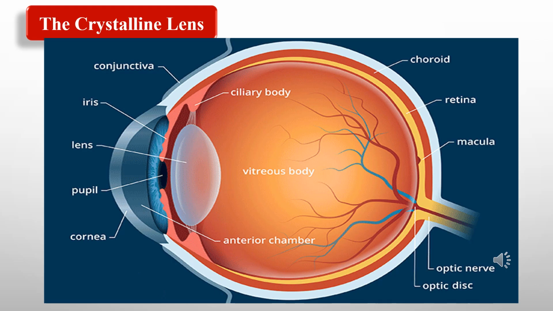Okay, let's now discuss the lens of the eye, the crystalline lens. This is the lens. The lens is an elastic, transparent, biconvex, flexible disc suspended behind the pupil. This is the pupil. It is suspended behind the pupil by the suspensory ligament or the zonule, extending from the ciliary processes of the ciliary body.